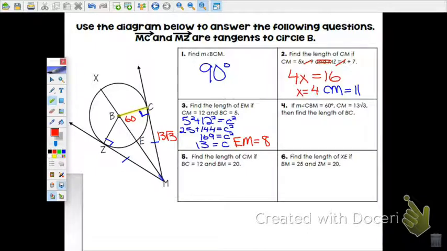Because long equals short times square root of 3 in a 30, 60, 90 triangle. So if the long is 13 square root of 3, then the short, so BC, is equal to 13.